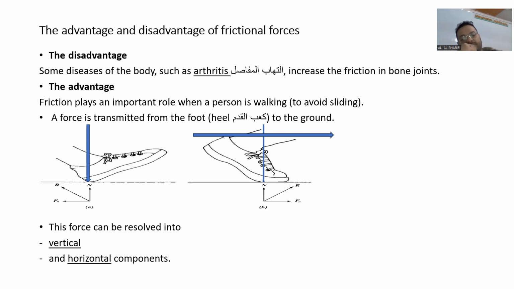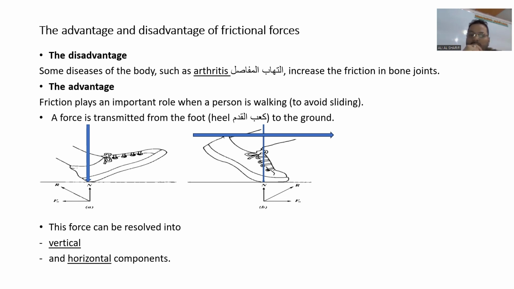Because of this frictional force between our joints, that means instead of two solid objects as in the last example, here the frictional force is between the two bone ends at a specific joint, in our arms and our legs. In the legs it more commonly increases the friction in bone joints.